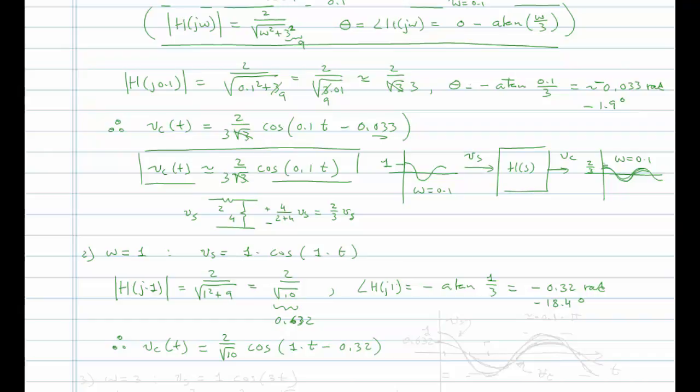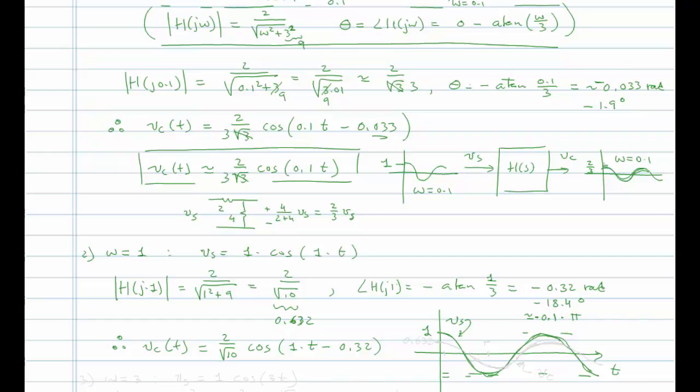So what do we have here? Let's draw this signal in the time domain. So we start off with a cosine wave here. This is Vs. This is a magnitude of 1. And the response is shifted by minus 0.32 radians, which is approximately 0.1 times pi.